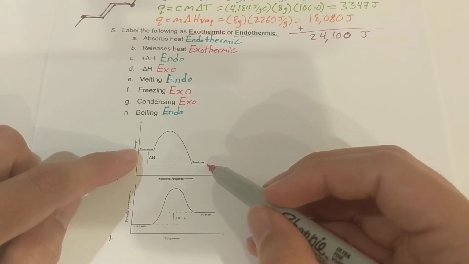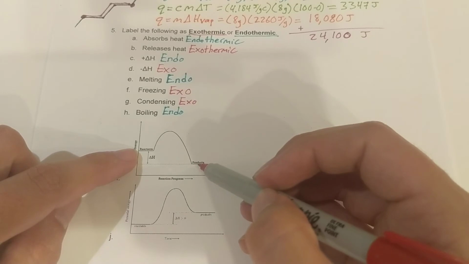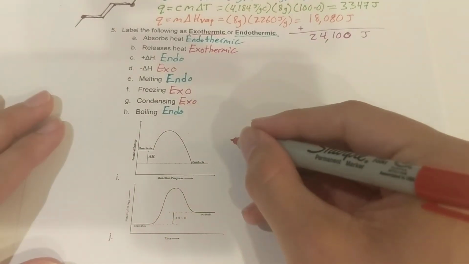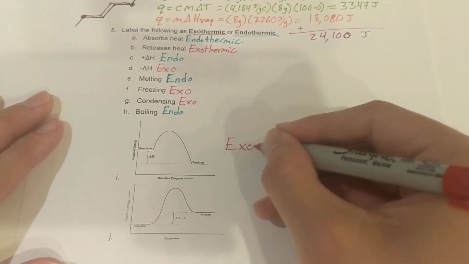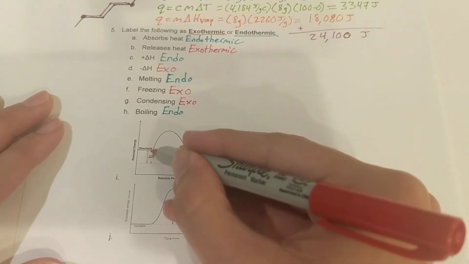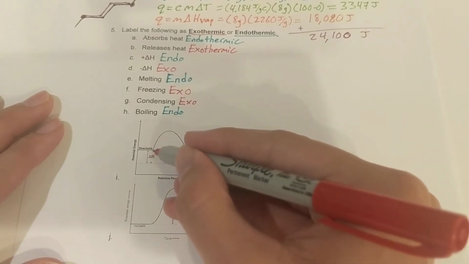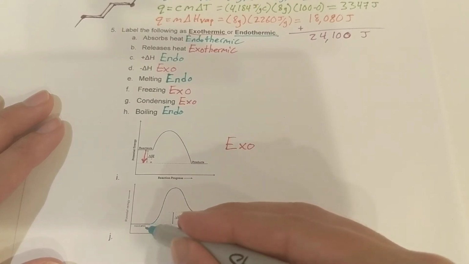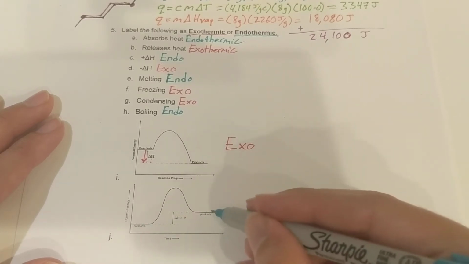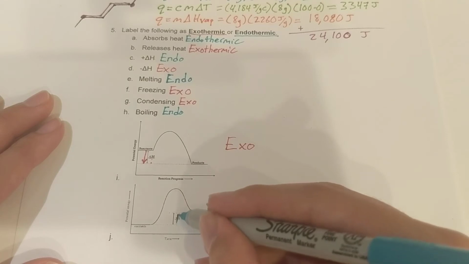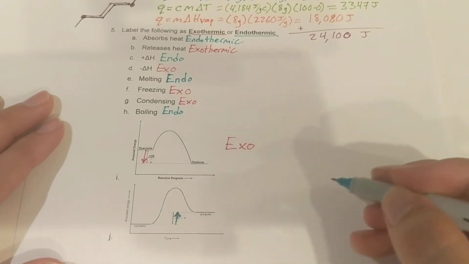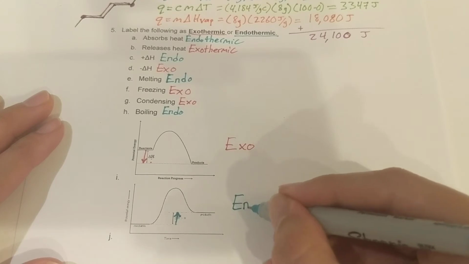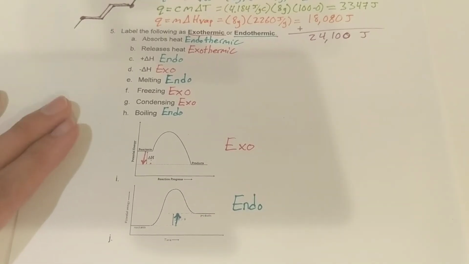On the right is the energy we end with in our products. So if our overall energy is going down, that means we're releasing energy. And that'll be exothermic. You can see our delta H here is going down. So that'll be negative. And in this one, you can see we have our reactants. We're starting with less energy than we end with. So we're gaining energy. You can see our delta H here. We're gaining that much energy. So that will be endothermic.